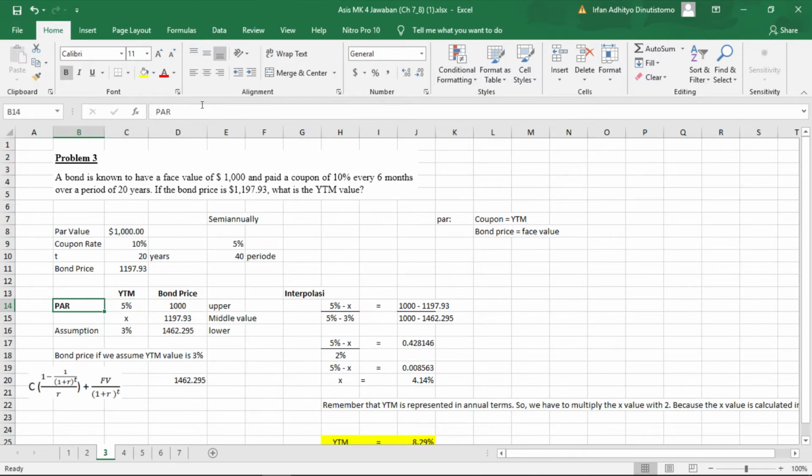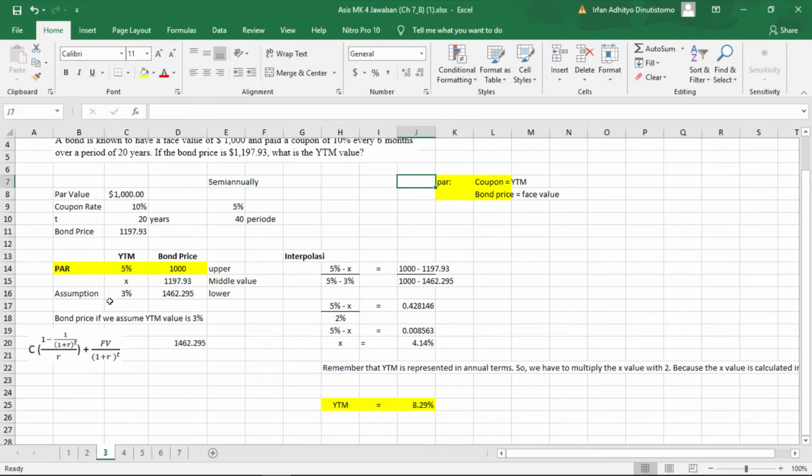This value is par. I'm going to mark this maybe with yellow, right? So this is the par. It's just easier to associate the colors, I hope. And then the second one, if we're going to use this as the upper value, what is the lower value?